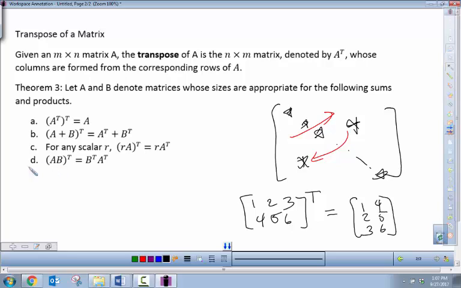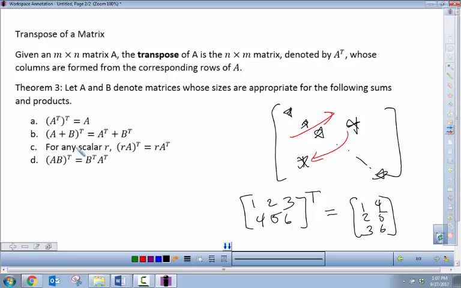The last one, on the other hand, is the trickiest one, and that's to say that if you have a matrix multiplication, the transpose of a matrix multiplication is the multiplication of the transposes in backwards order, in reverse order.